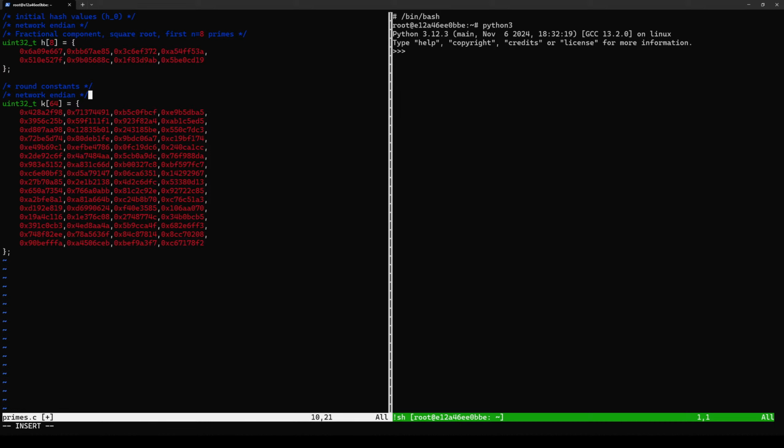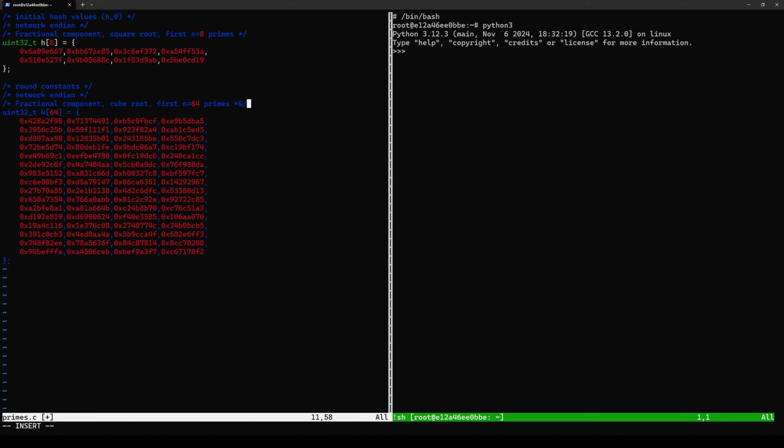And then the round constants are the fractional component, cube root, first n equals 64, right? Yeah, primes. Okay. We'll write that.